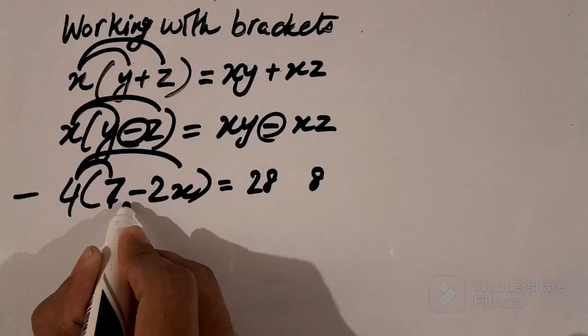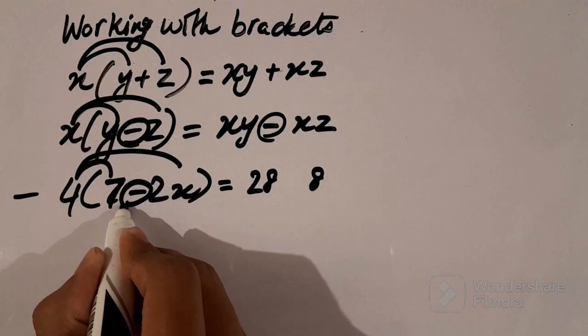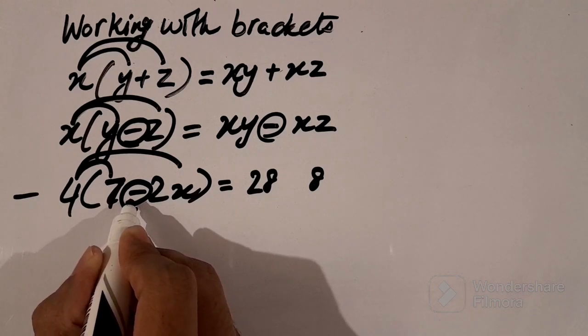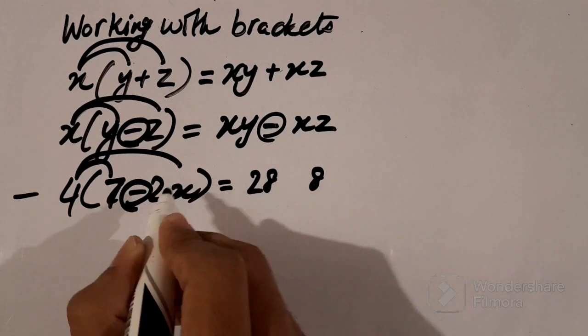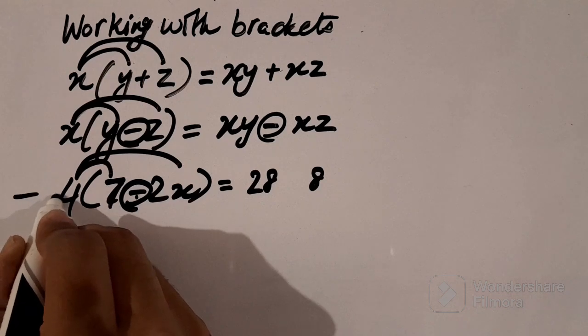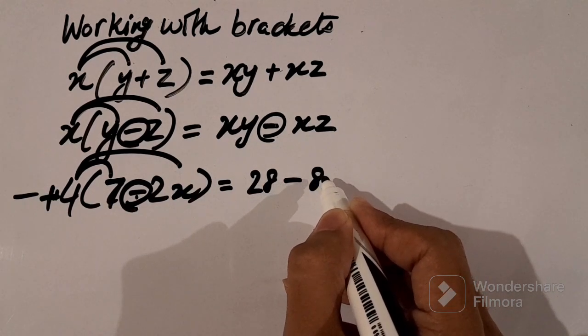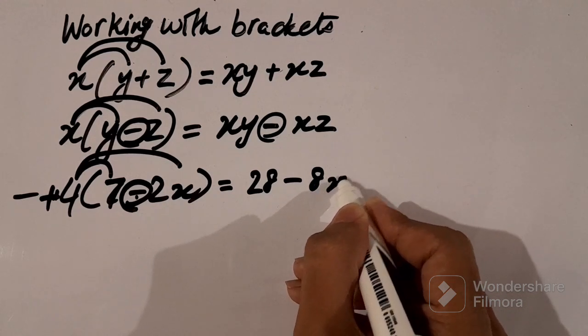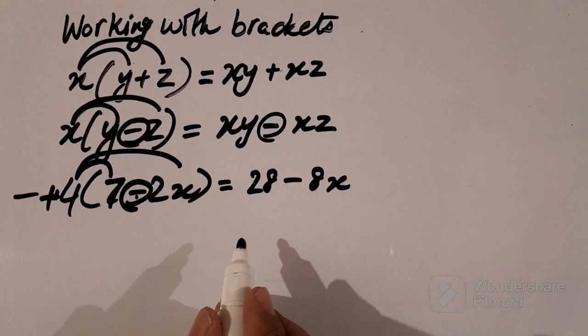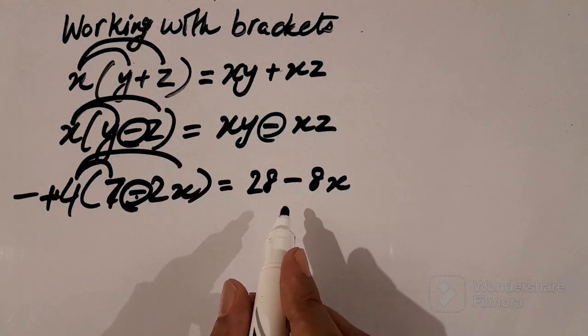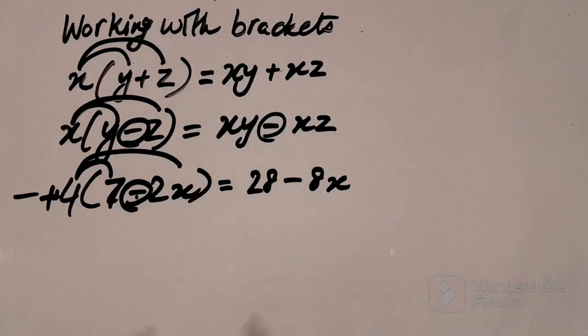Now over here we will mainly focus on this negative sign. So we have negative, so we will write negative, because negative and positive will be negative. So 28 minus 8x. So the answer will be 28 minus 8x.